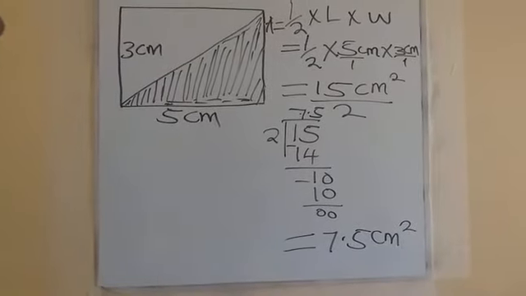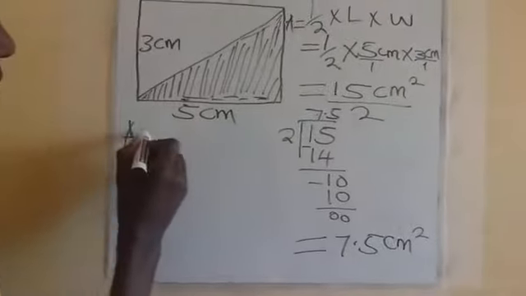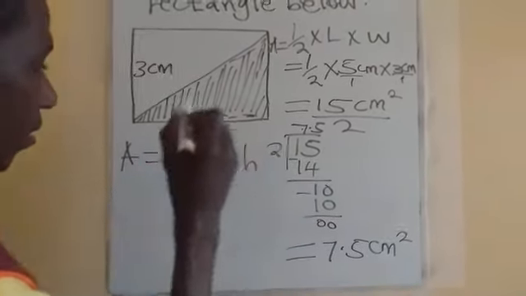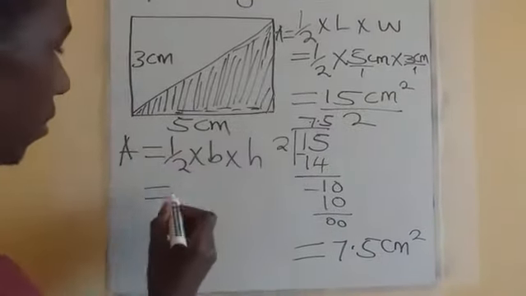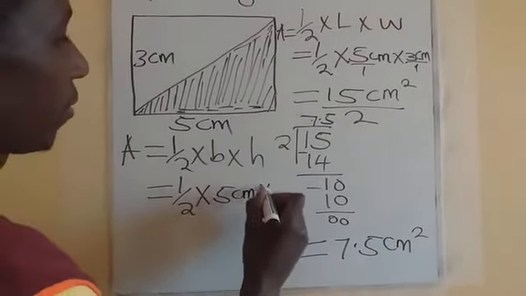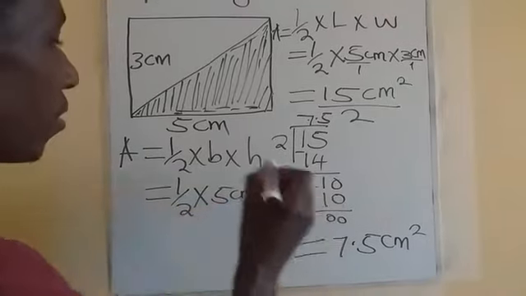Now, using our formula for finding the triangle, area is a half times base times height. Base and height: a half times 5 centimeters times 3 centimeters.